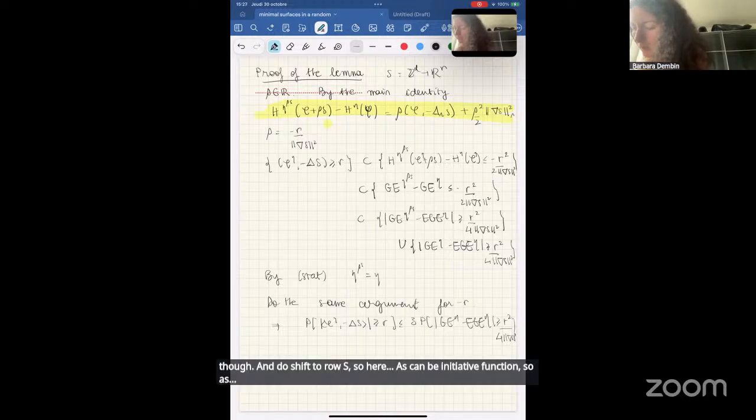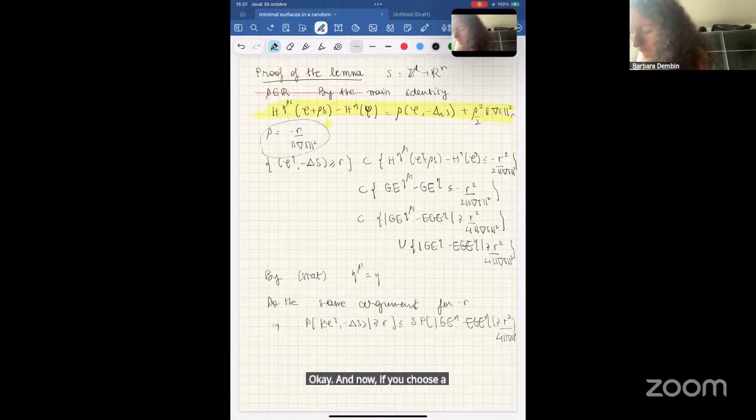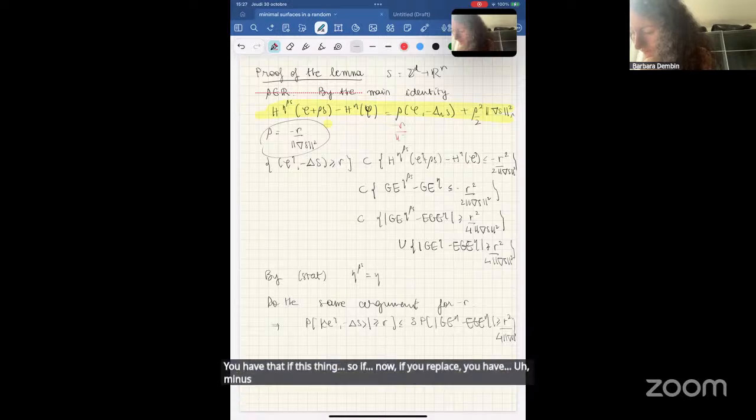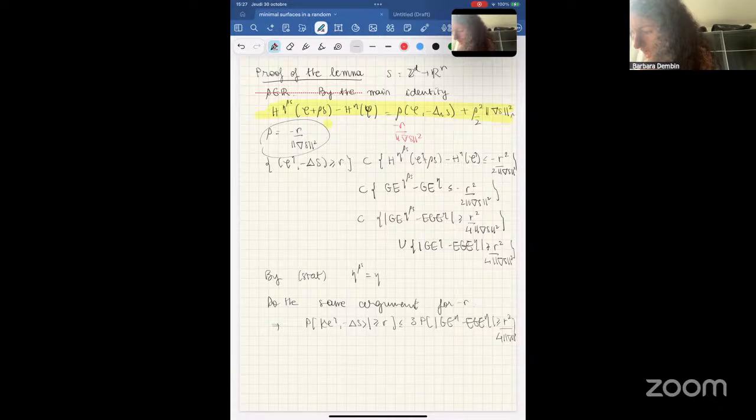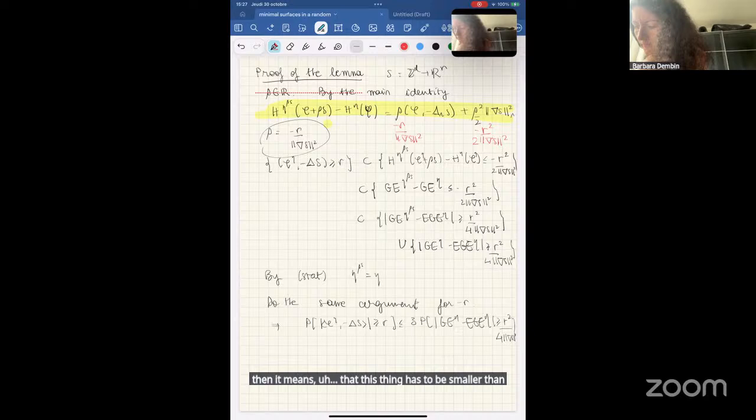Now, if you choose rho that way, and if you replace, you have minus r squared, and here you have minus r squared. So if this is larger than r, then it means that this thing has to be smaller than minus r squared divided by 2. This is just from this.